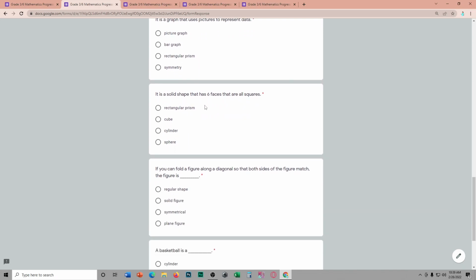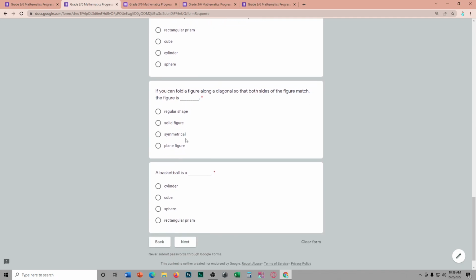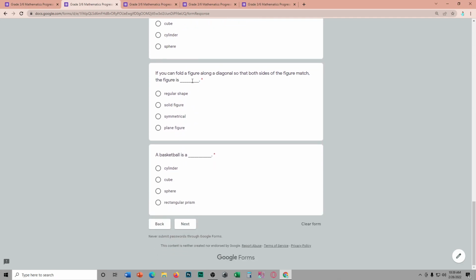It is a solid shape that has 6 faces that are all squares. Rectangular prism, cube, cylinder, sphere. If you can fold the figure along a diagonal so that both sides of the figure match, the figure is blank.